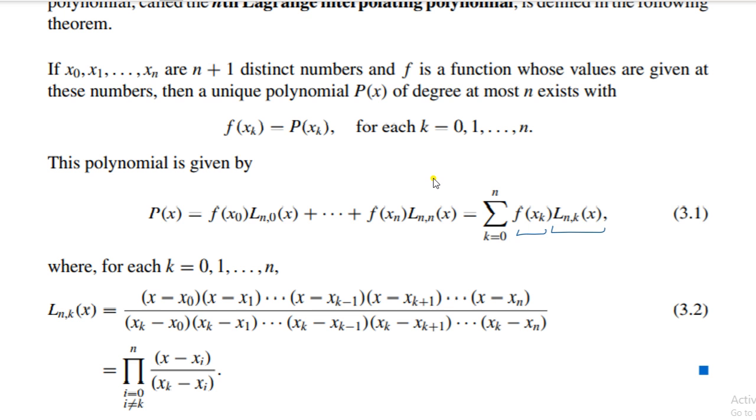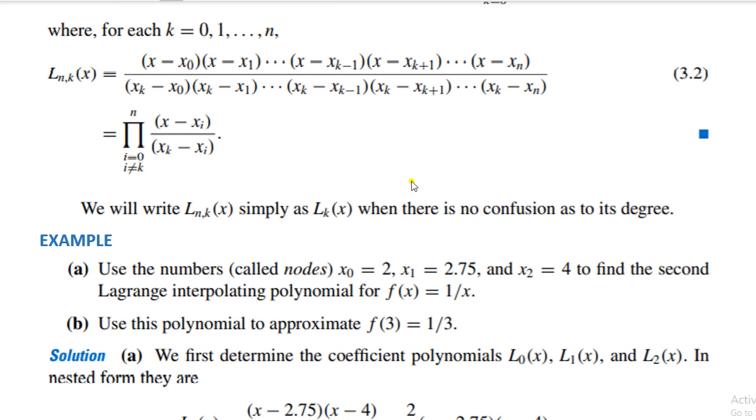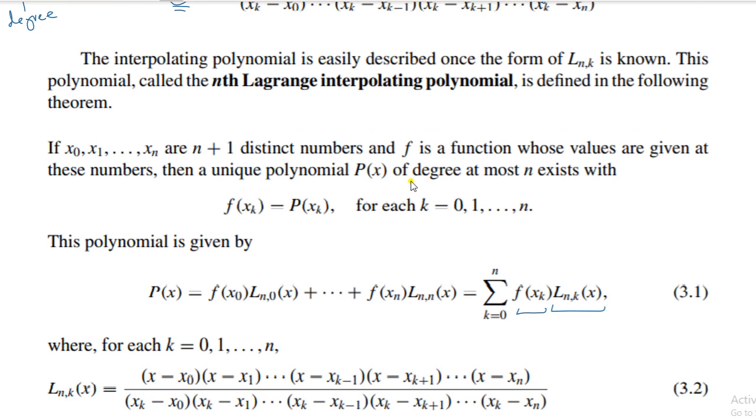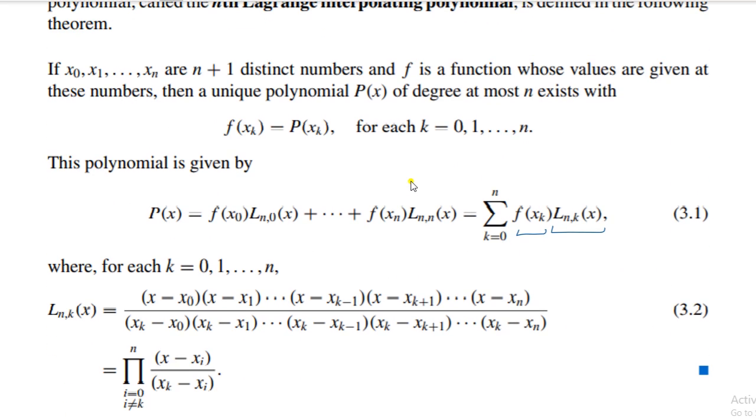Okay, so this will give you the Lagrange polynomial of any degree n. That's your Lagrange polynomial. So you take Ln,0, multiply with f of x0, then take Ln,1, multiply with f of x1, and so on up to Ln,n, multiply with f of xn.